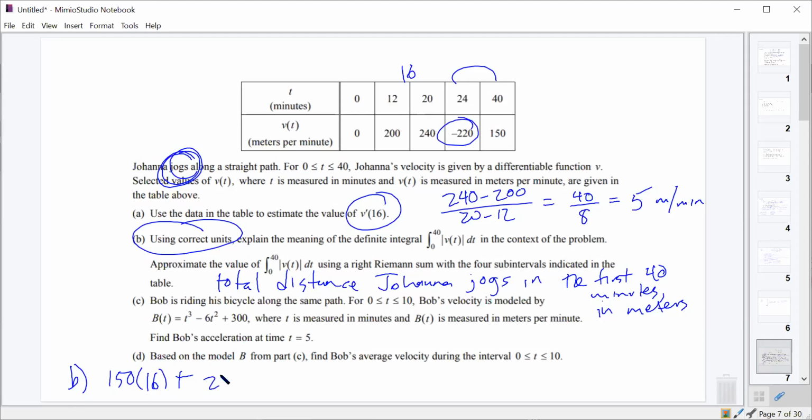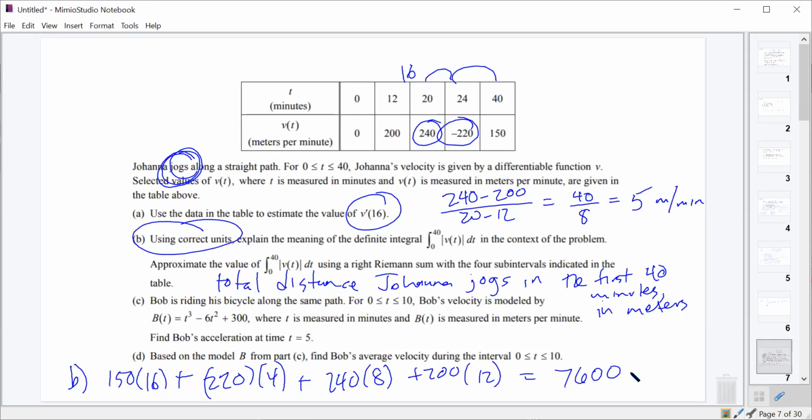No, I'm using positive 220 because it's the absolute value of velocity. Times this interval, which is 4, then plus 240 times the next interval, which is 8, and then plus 200 times the next interval, which is 12. And based on your amazing arithmetic skills, what did you get for that? 7,600 meters.